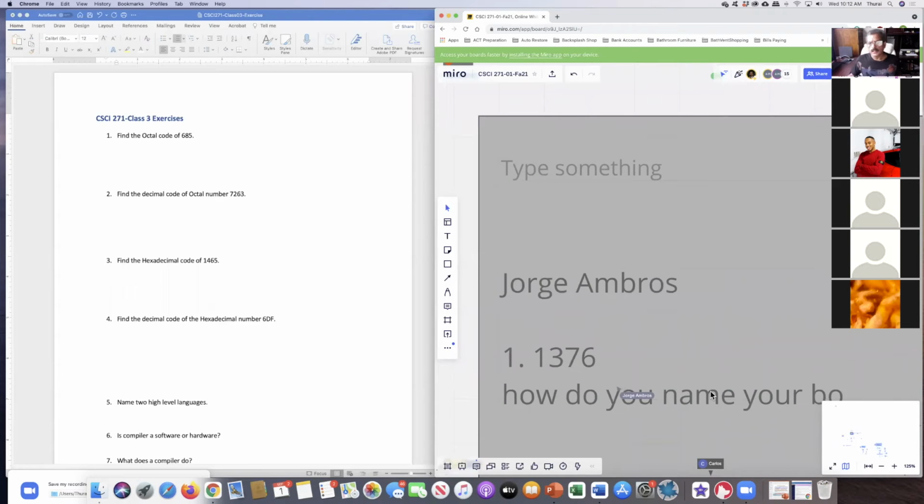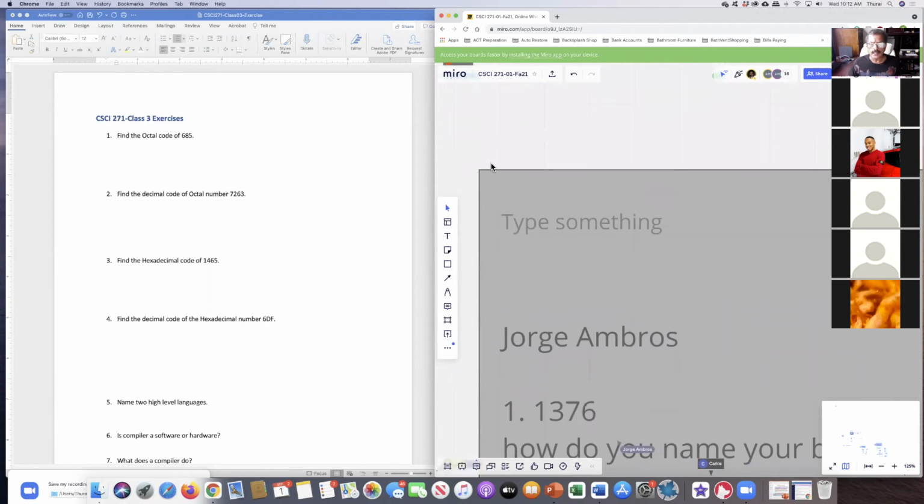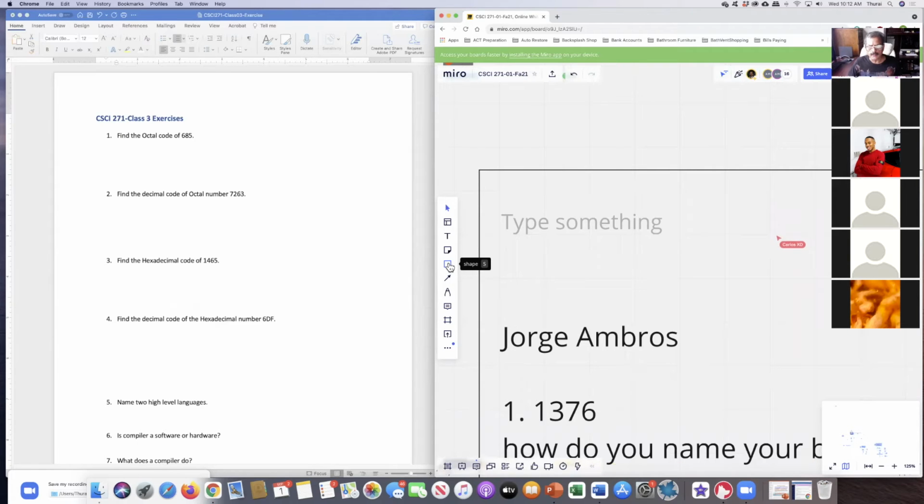How do you type your name? When you created the frame, there was a name for the frame. What you have is not a frame. The frame button is right here. If you use the other tools, you get a rectangle shape, but it's not exactly a frame. You need to erase that rectangle and create a frame.